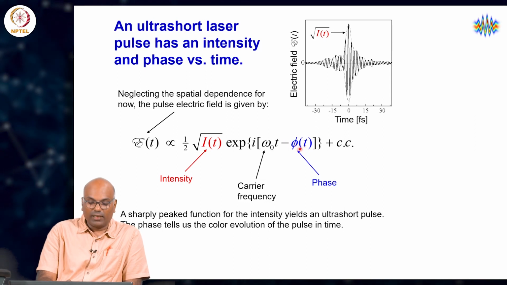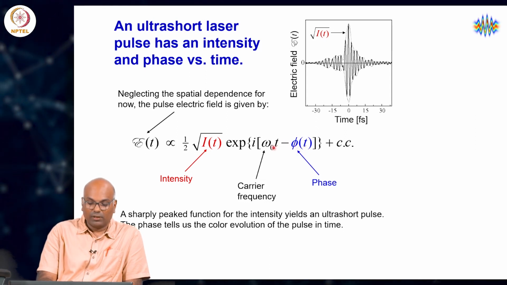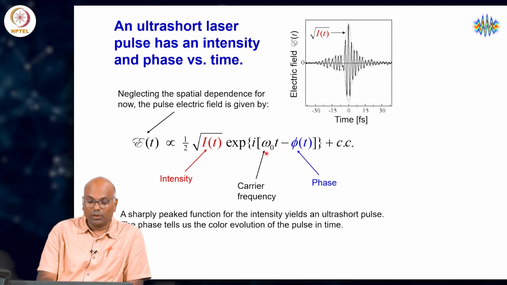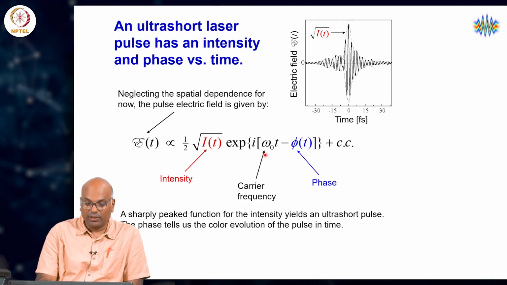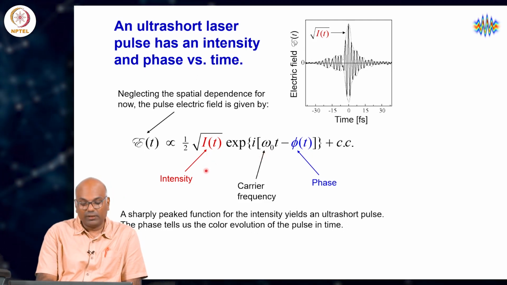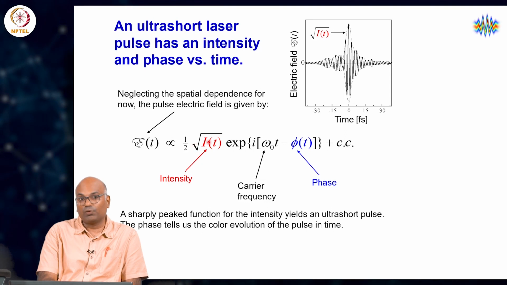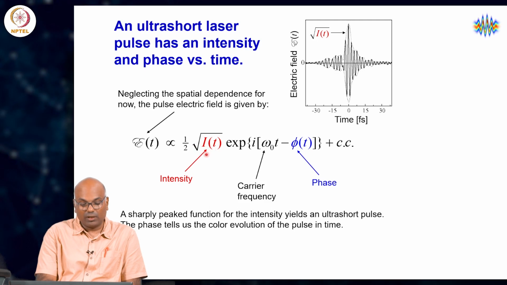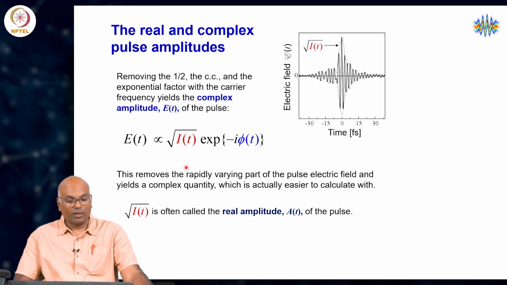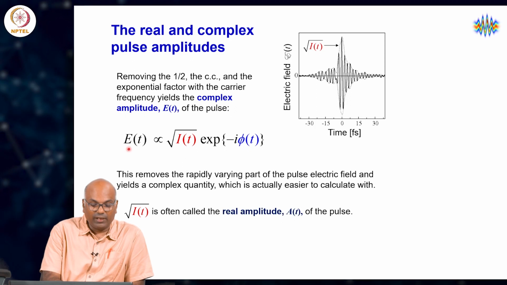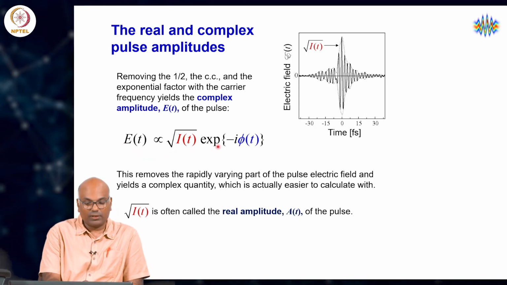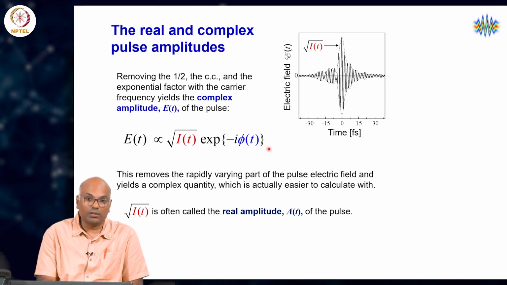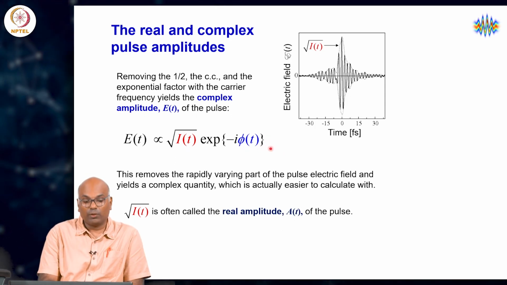Now, on similar scales as phi of t, which is time scales significantly slower than 1 over omega naught would designate, we also have the field envelope, which is the square root of I of t, related to the intensity envelope, which is I of t. And this motivates defining a complex amplitude, which is all these relatively slow variations in time without the fast omega naught t carrier variation.